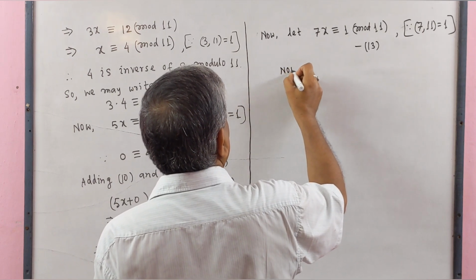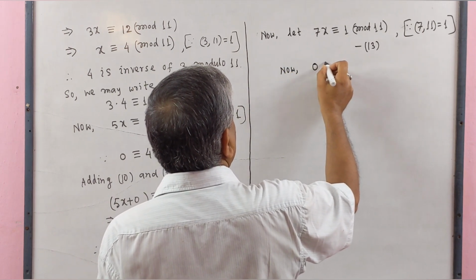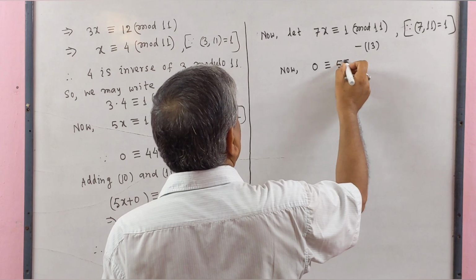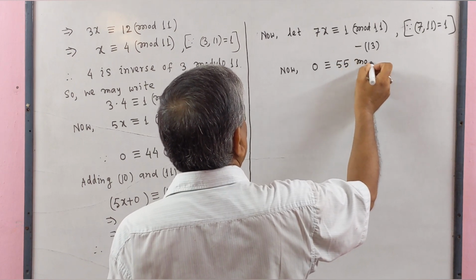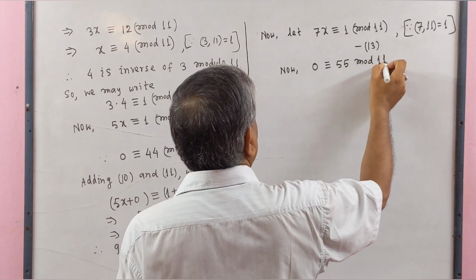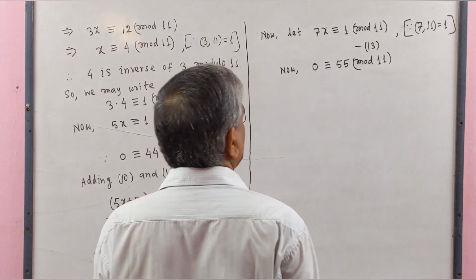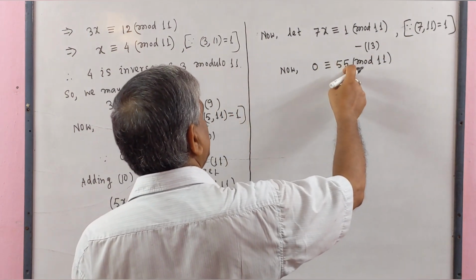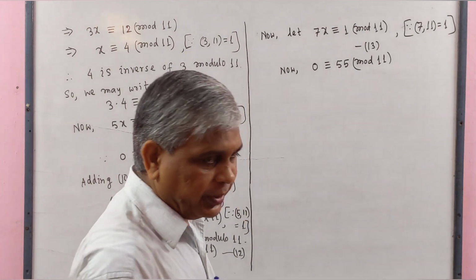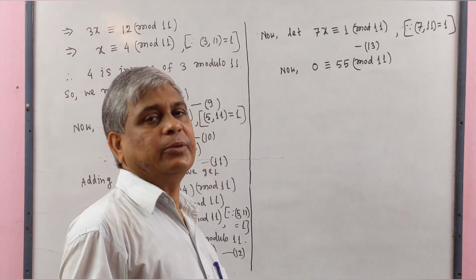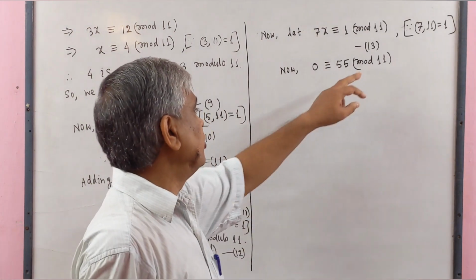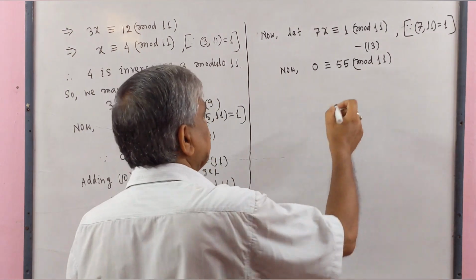Now, 0 is congruent to 55 modulo 11, since 0 minus 55 is minus 55 and minus 55 is divisible by 11. Let this be number 14.